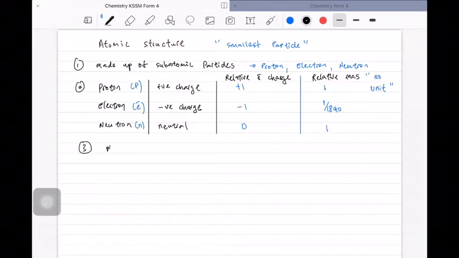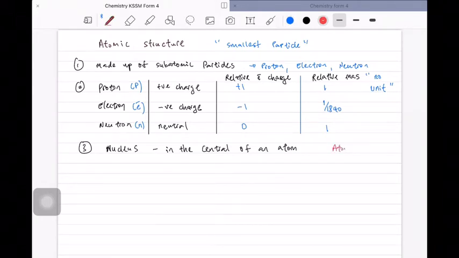Okay, the third thing is nucleus is located in the central of an atom. Okay, what does this mean? Nucleus.